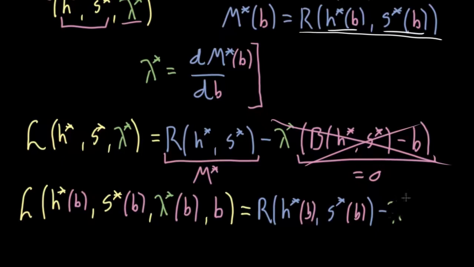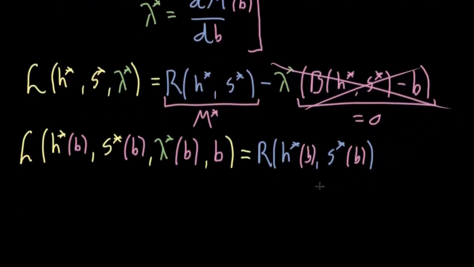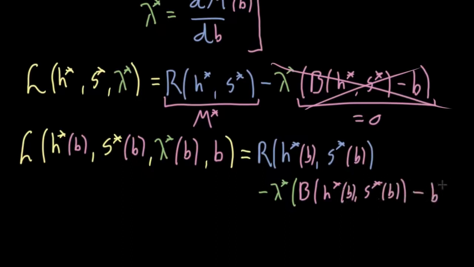Oh, I'm not going to have room here, am I? So what you subtract off, minus lambda star, at b of H star and S star, but each of these guys is also a function of little b, minus little b, right?